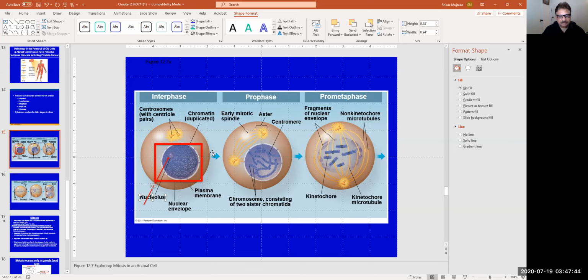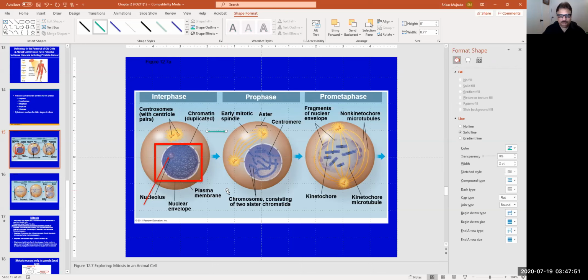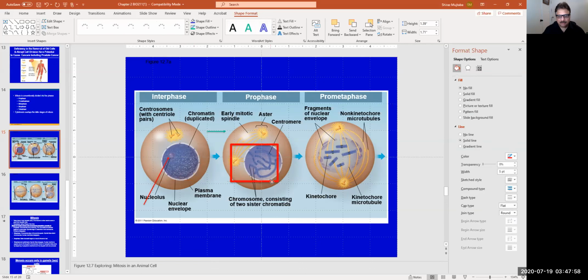Now let's transit from interphase to prophase. What you see here: first, the chromosomes that were thin now become very thick and shortened. The nucleolus, which was present in interphase, disappears in prophase. There is no nucleolus. Focus on these two centrioles.